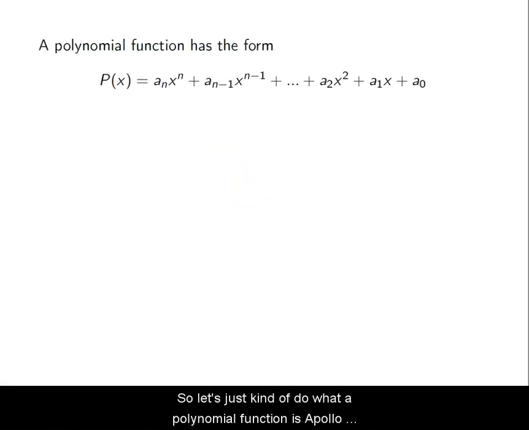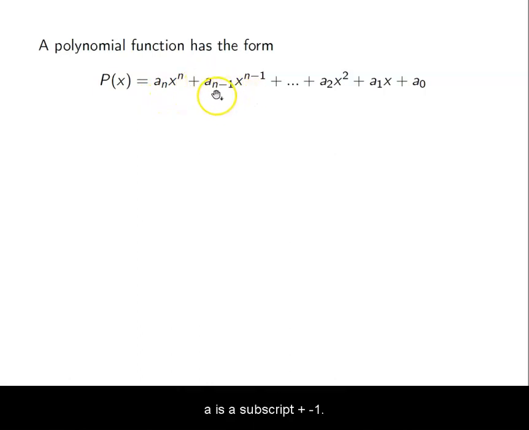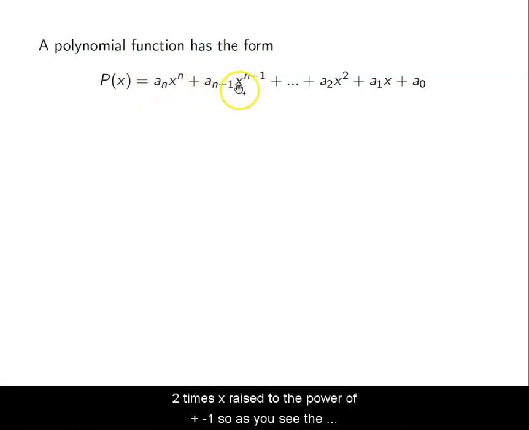A polynomial function has the form p of x equals a_n x to the n plus a_(n-1) times x raised to the power of n minus 1. As you see, the subscript and the powers coincide with each other. We do this continuously, decreasing our subscript and decreasing our power until we get to 0.